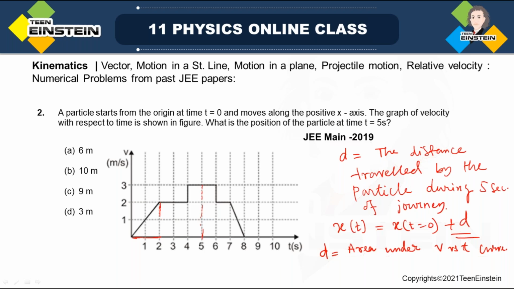We have to find out the area of this triangle, that's all. So suppose this has area a1, so a1 will be half base into height. What is the base? It is 2, half base into height, right? What is the height?